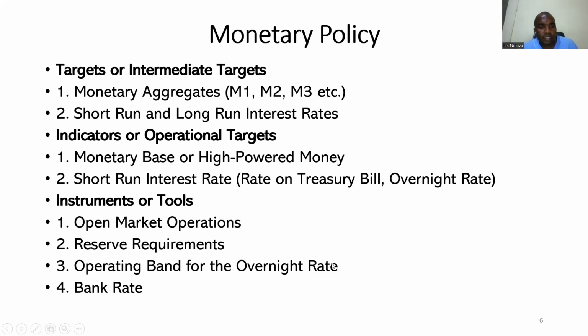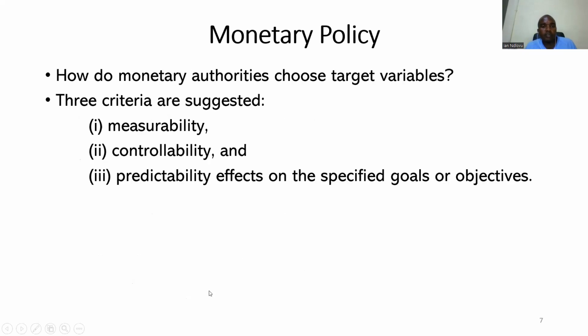The instruments, as I said earlier on, are open market operations. And as I said yesterday, the fractional reserve requirements or the reserves requirement ratio, operating band for the overnight rate, and the bank rate, which is the rediscount rate.